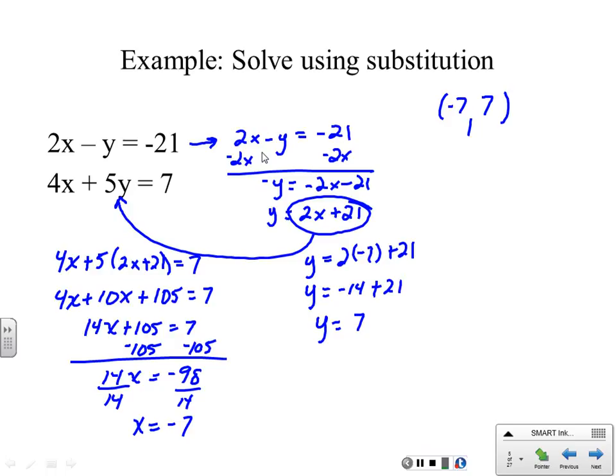Okay? So again, here are your steps. Step number 1, take either equation and solve it for a variable. Step number 2, take it and plug it into the other equation for that variable. Step number 3, plug what you got from number 2 into any of the originals and solve down for the other variable.